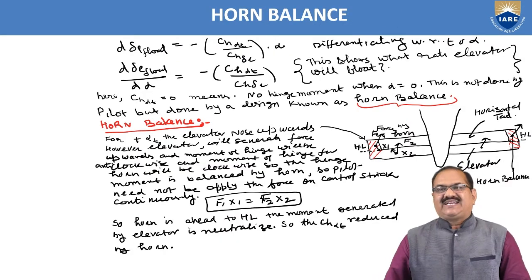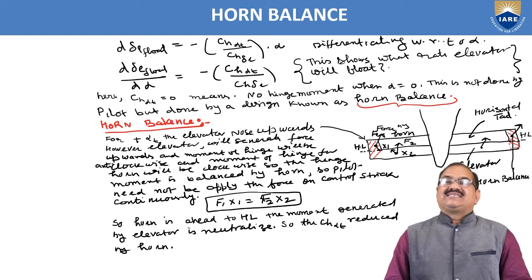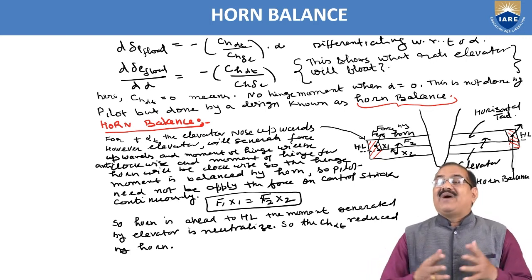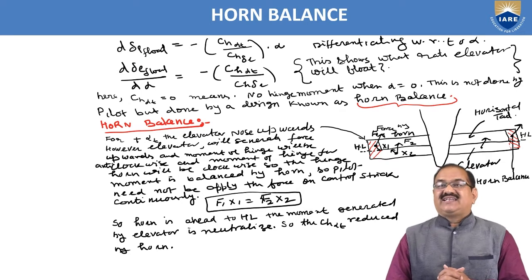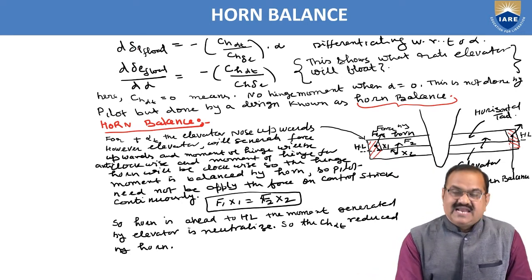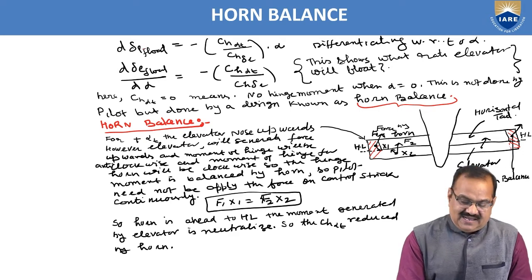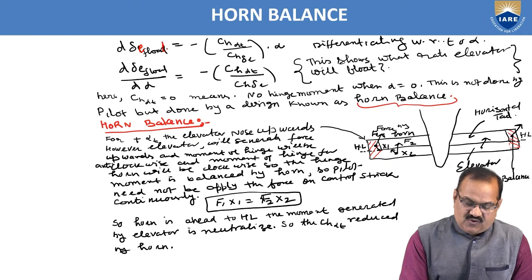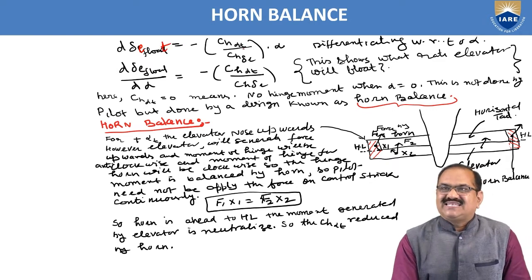Now we have to see that we have found this delta E. Now how are these things balanced? We have seen that in floating condition, this delta E float is equal to minus CH alpha T divided by CH delta E into alpha.